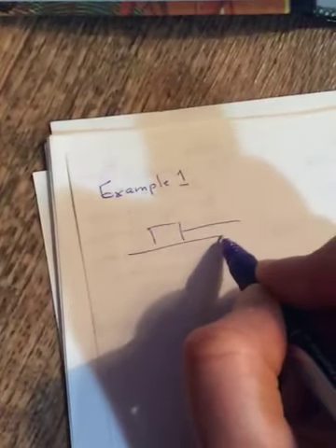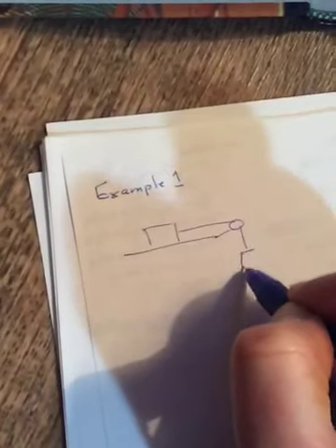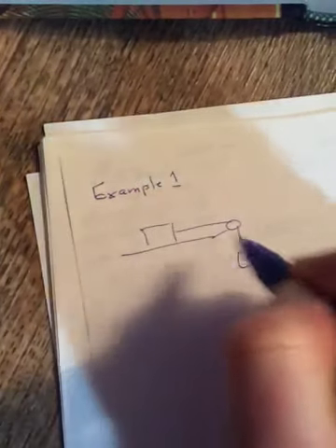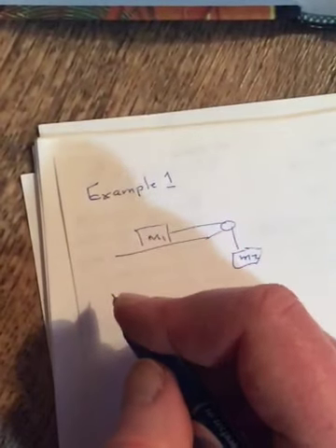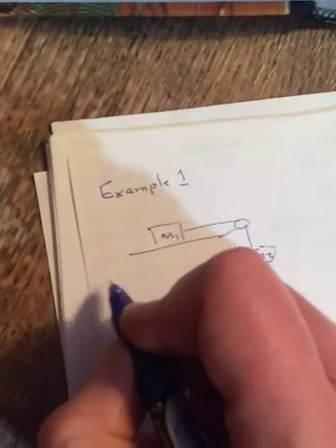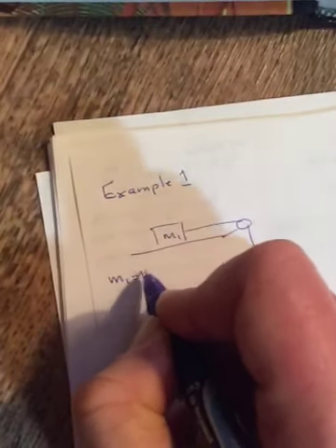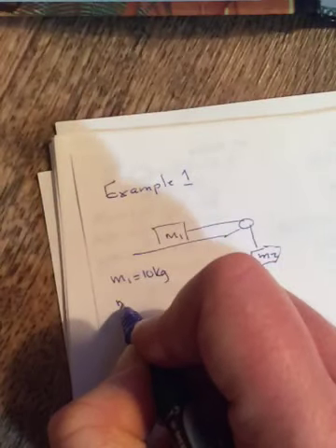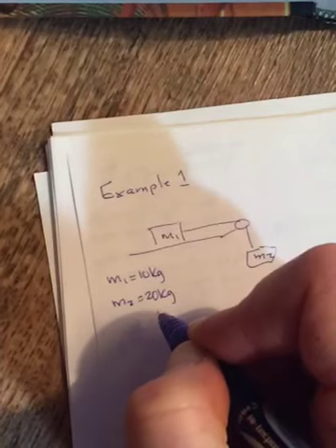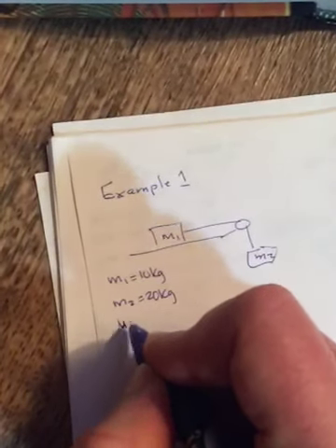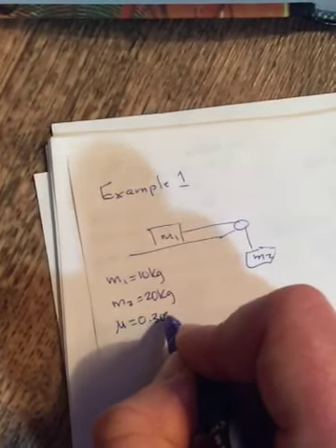Here's block 1, still connected to pulley, hanging over an edge is block 2. Let's make mass 1, let's see, 10 kilograms, and mass 2, 20 kilograms. Okay, and let's say the coefficient of friction is 0.3.